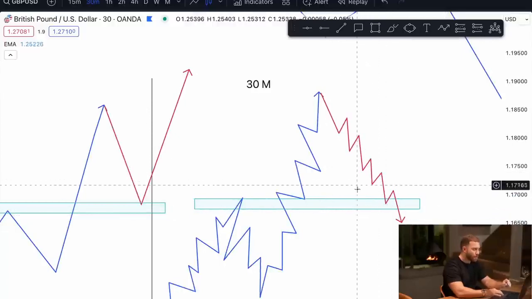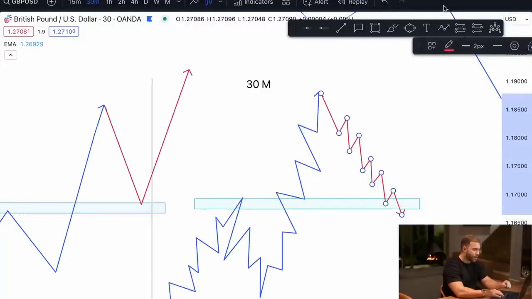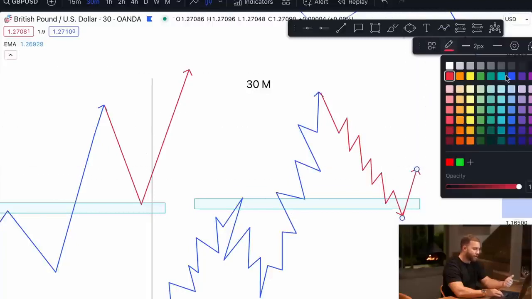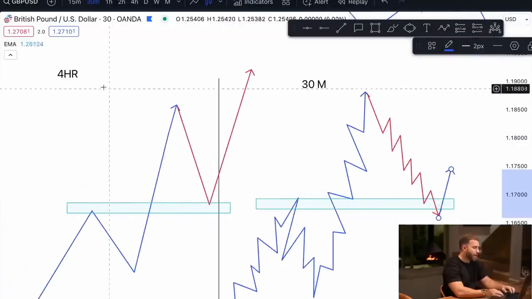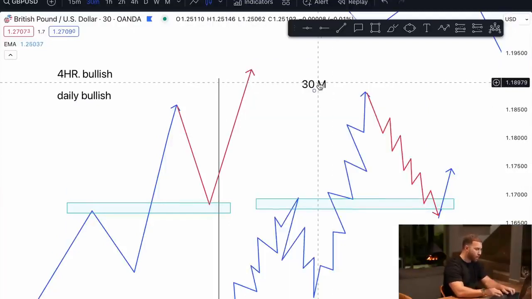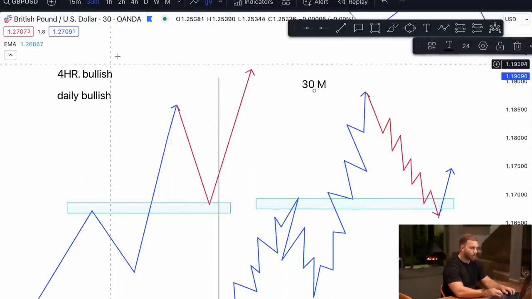You could only enter on this market once it has shifted with the overall time frames from the top-down analysis. If the 4-hour and then the daily time frame are bullish, you want to make sure that the 30-minute time frame is also bullish with the overall time frames.